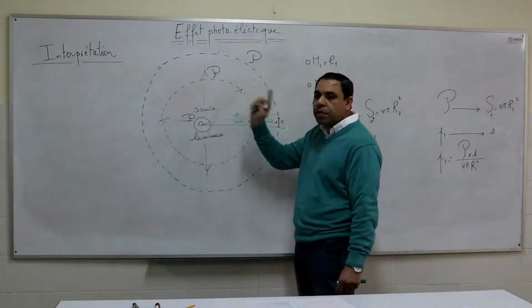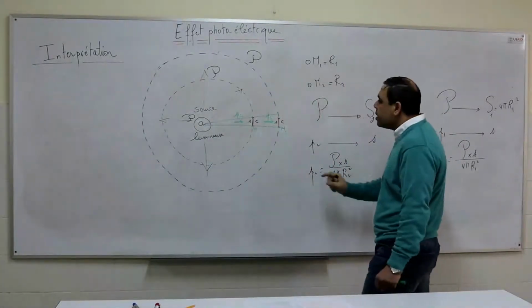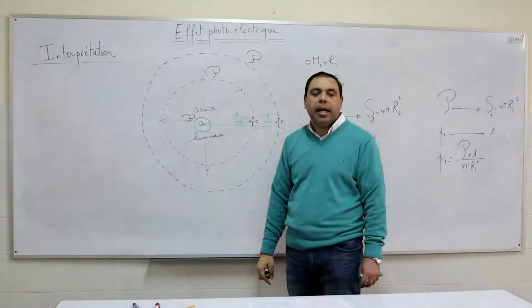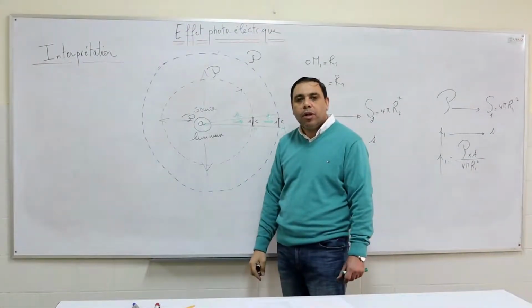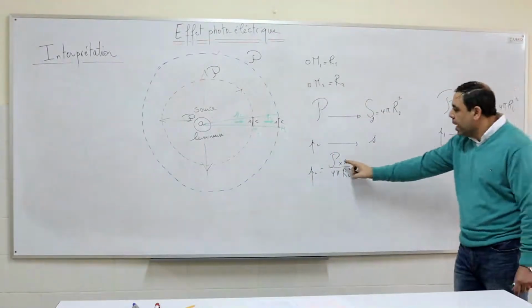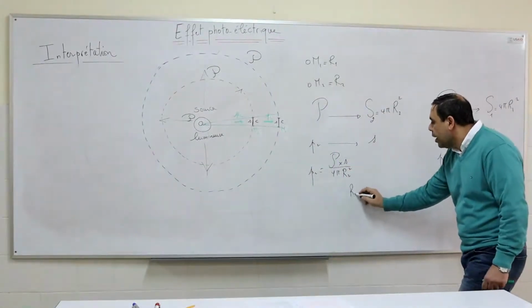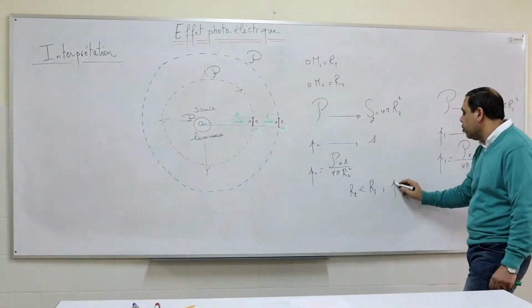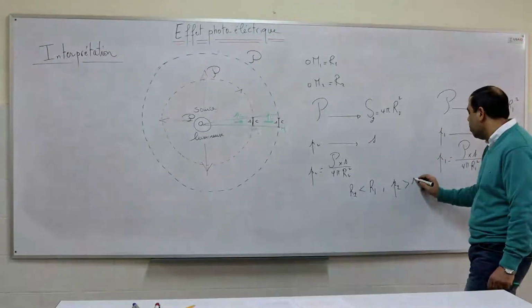P is the power of the source, so it will remain the same in both expressions. S is the surface area of the cathode that receives the light. P and S both are the same. But R2 is less than R1, then p2 will be greater than p1.